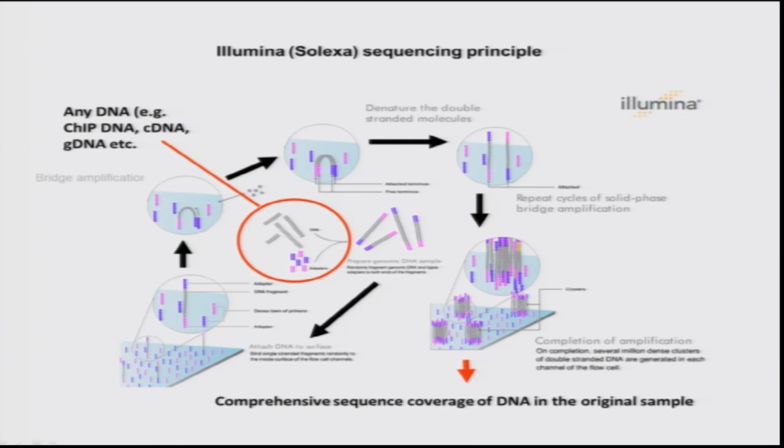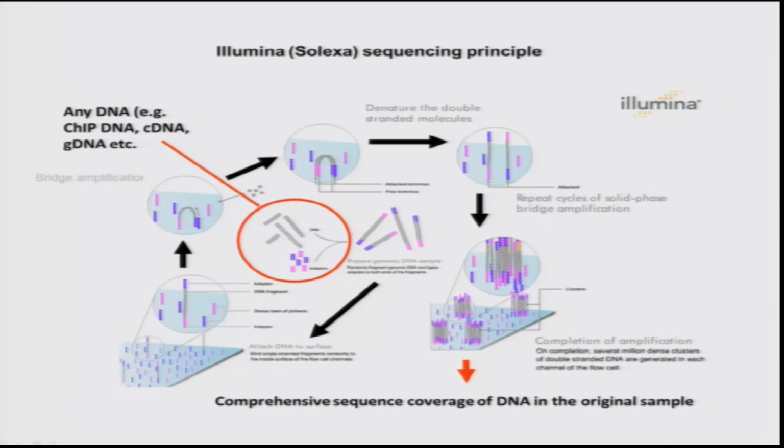So what has been shown is the Illumina platform, what is called the Solexa sequencing principle, and this pretty much gives you a comprehensive sequencing coverage of the DNA. So this DNA could be any DNA. It could be the genomic DNA, or it could be the cDNA, meaning you have made the copied DNA of the mRNA, and now you are sequencing the cDNA, therefore it represents the mRNA.